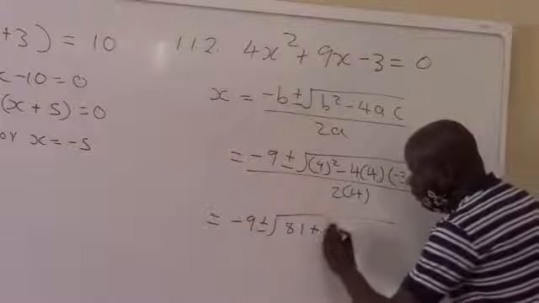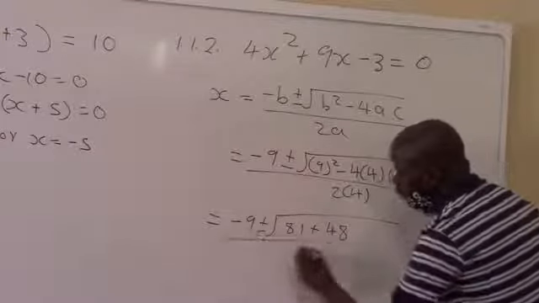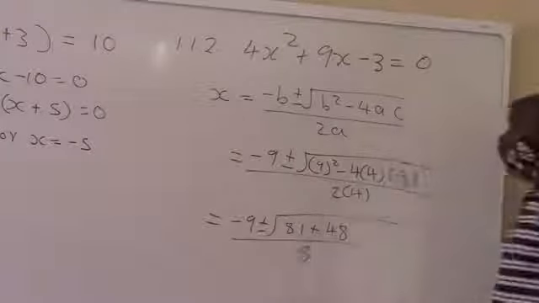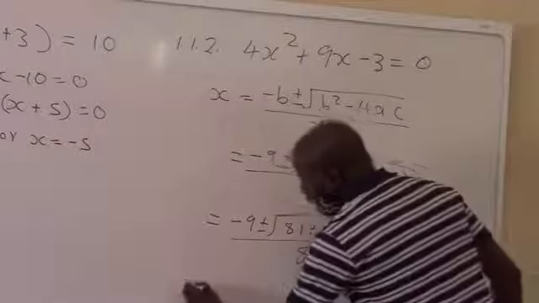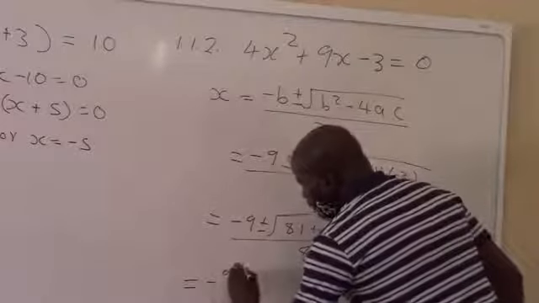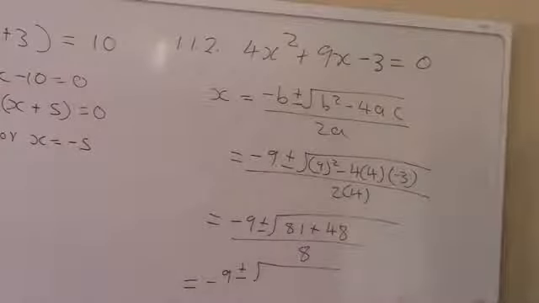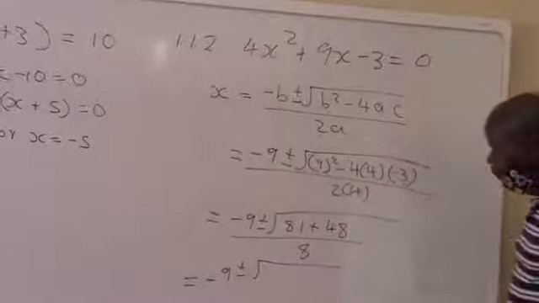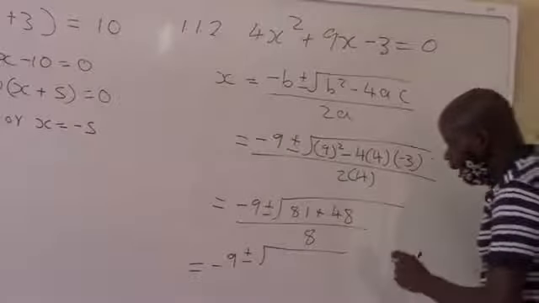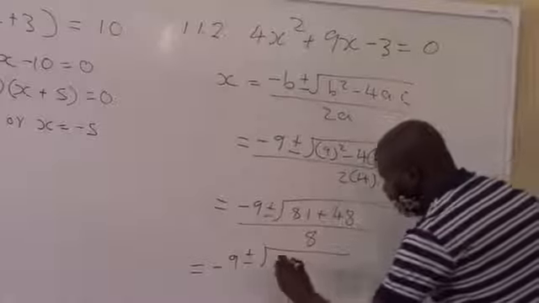So we are having plus 48 over 8, because 2 times 4 is 8. And then we have 81 plus 48, which gives 129.